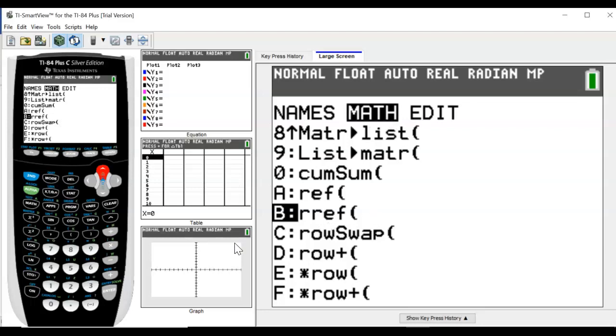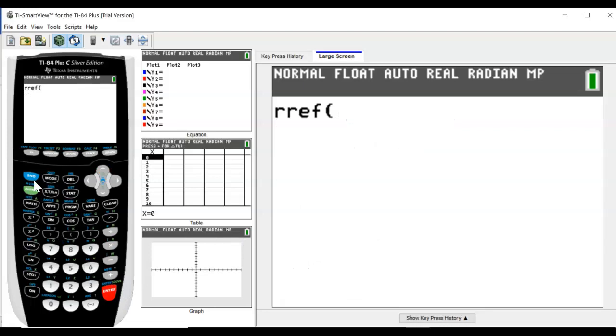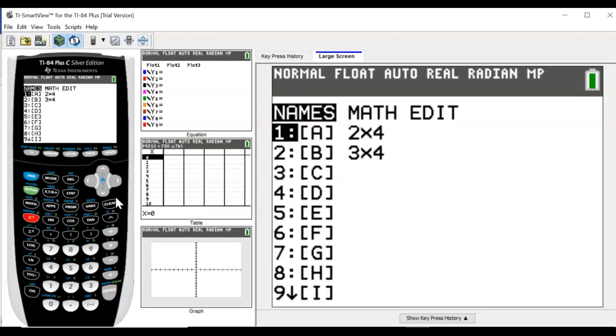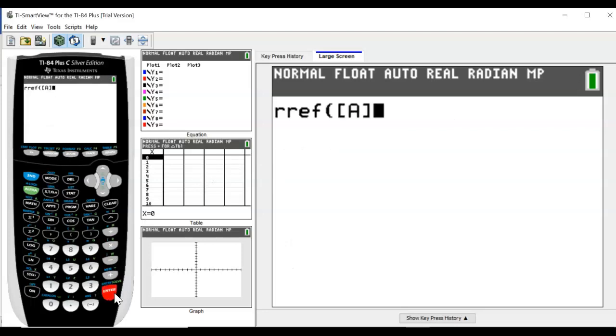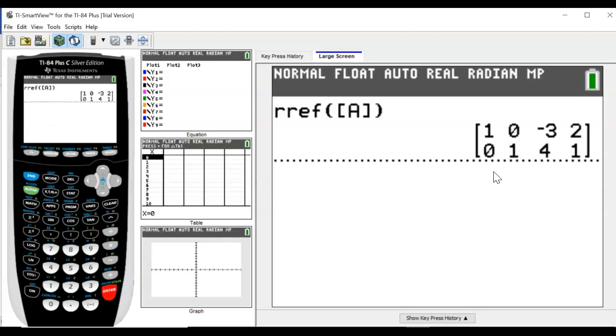Row reduced echelon form is B. I want to row reduced echelon form matrix A. So just hit enter. And that's what you get. Okay, 1, 0, negative 3, 2, 0, 1, 4, 1.